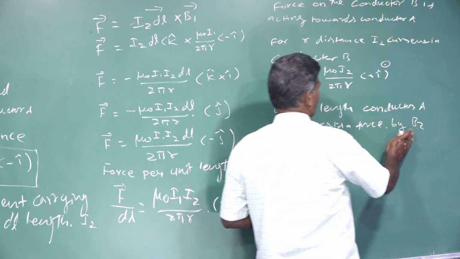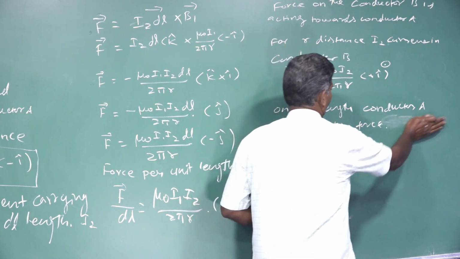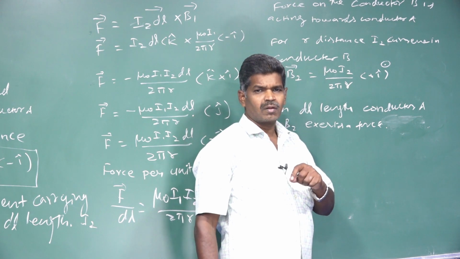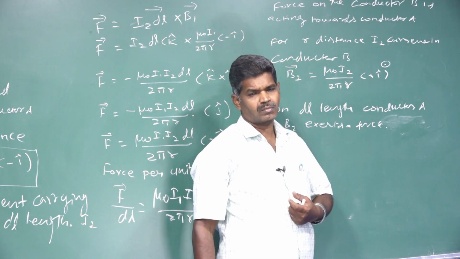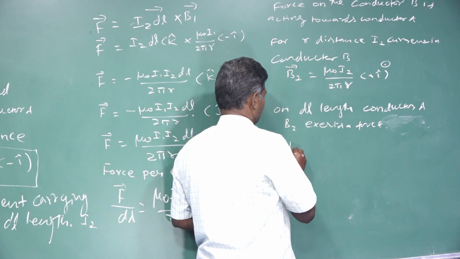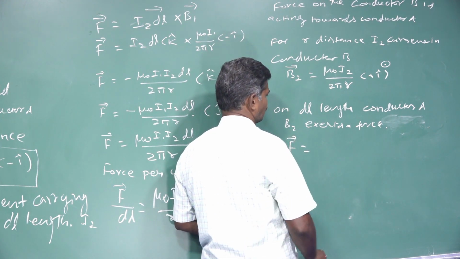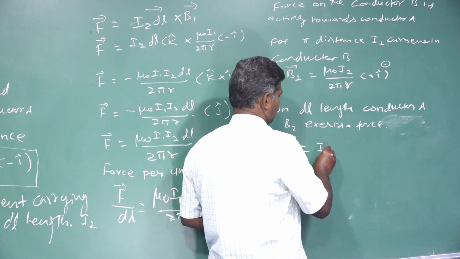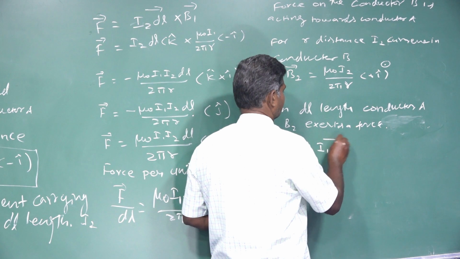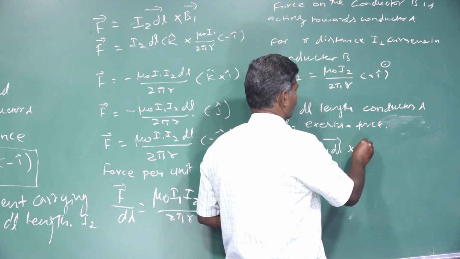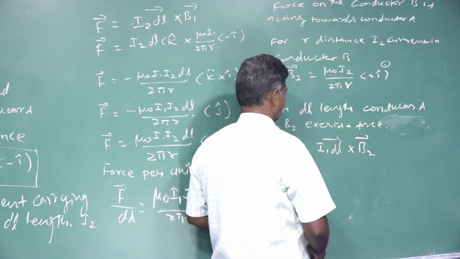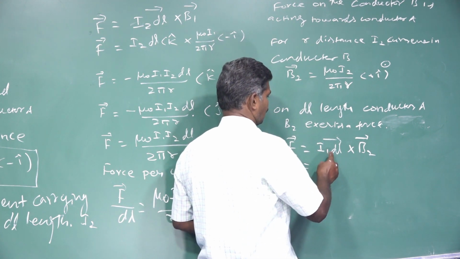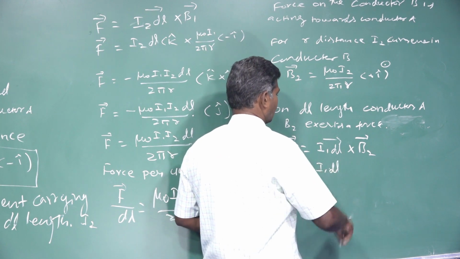That force can be given by the magnetic Lorentz force formula. So here also we can take F vector is equal to I1 dl vector cross the magnetic field B2 vector. Then we substitute: F vector is equal to I1 into dl.